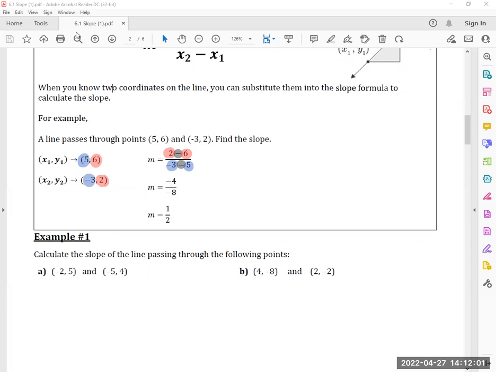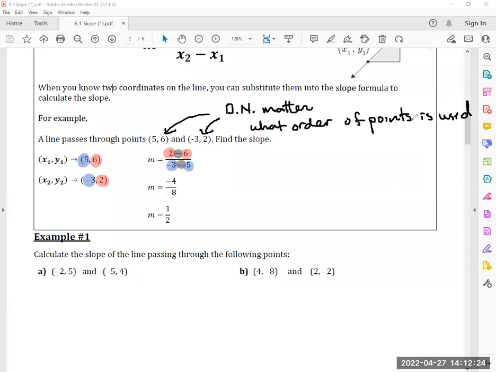But you might not have followed that very carefully, so I'm going to show you one more time. And this time, I want to let you know it does not matter what order of points is used. What I'm trying to say is take a look. My -3, 2 was placed first. My 5, 6 was placed second.